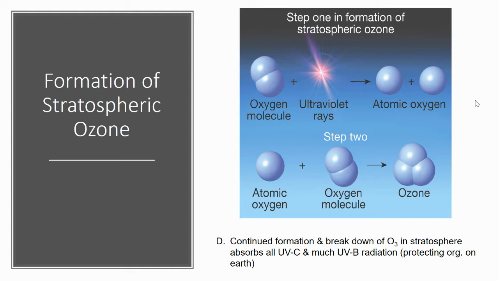Then that oxygen molecule is split into two atoms of oxygen, and one atom of oxygen then reacts with an oxygen molecule to form our ozone, or O3. So this breaking down and forming of stratospheric ozone happens all the time, and it should happen in equilibrium.